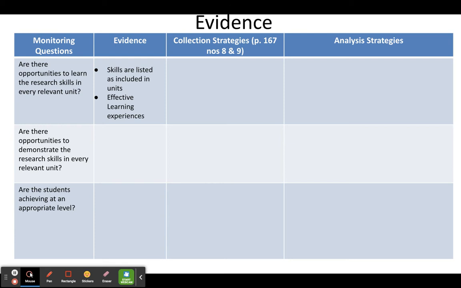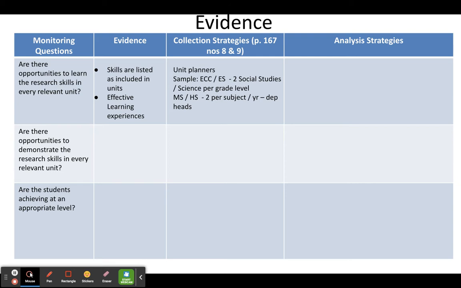But then we want to see that there are learning experiences that we consider to be at least potentially effective opportunities for students to learn those. So we might collect a sample of unit planners, perhaps 2 per grade level from science and social studies in the lower school, and perhaps 2 per subject per year from all the subjects we consider to be relevant in the middle and high school.